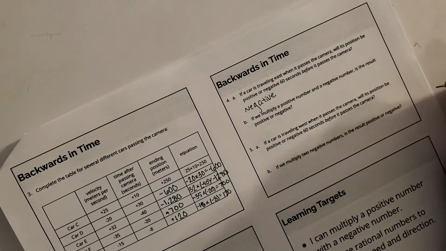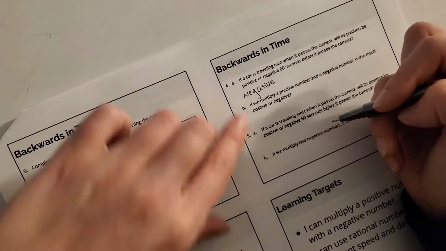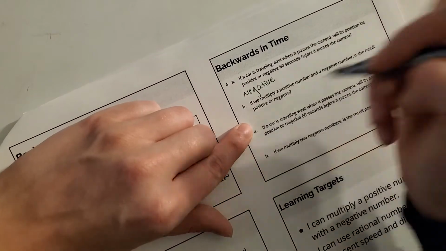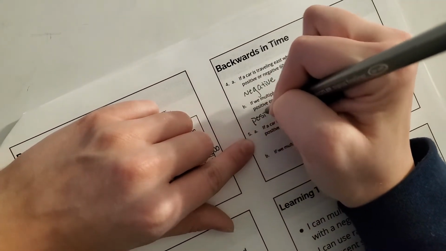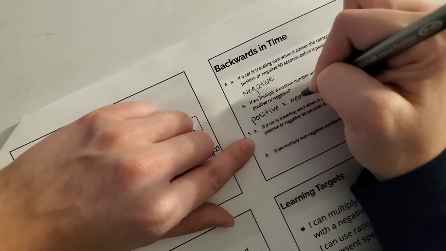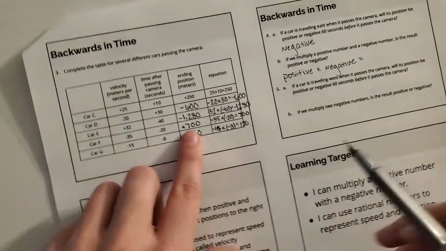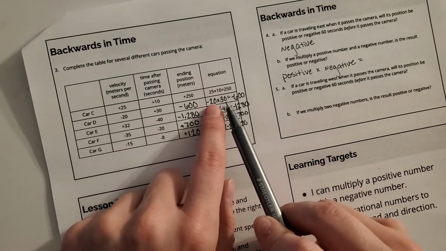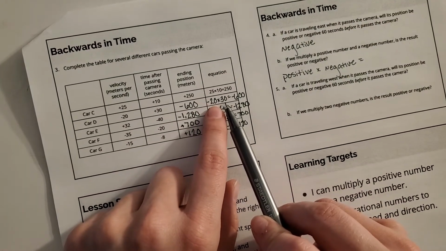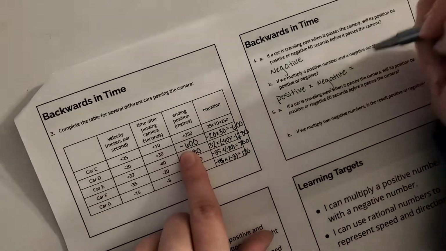So that's going to be a negative. So if we multiply a positive number and a negative number, so a positive times a negative, if we look over here, we have a positive 30 and a negative 20, and when we multiply that, we ended up with a negative number.